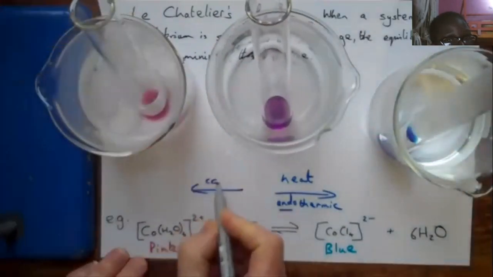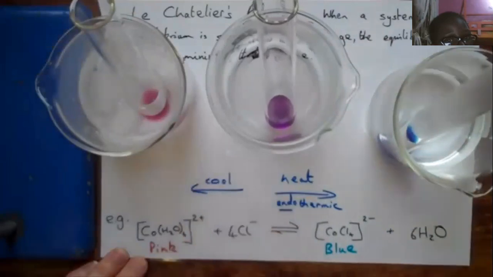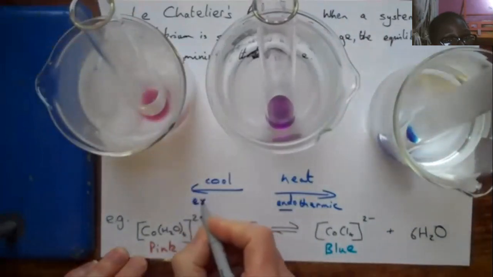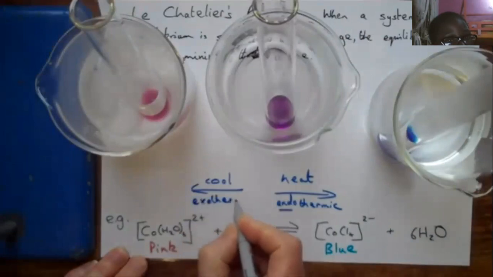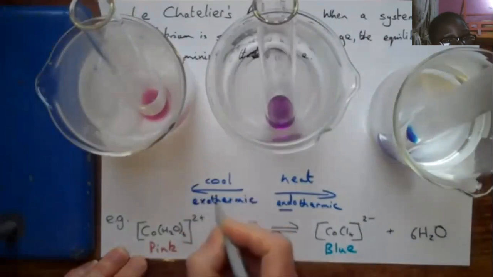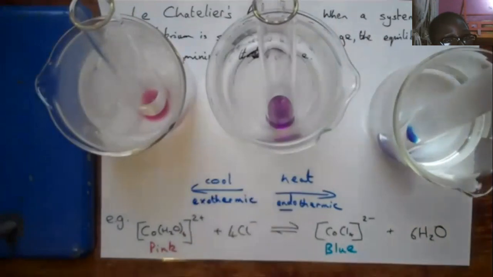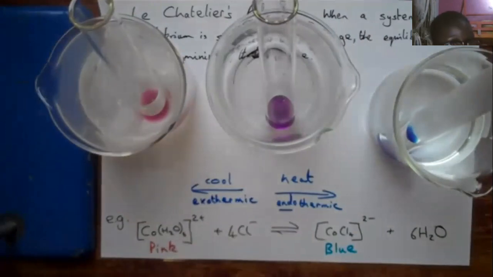So when I cool it down, the equilibrium shifts to try and warm up, it goes in the exothermic direction. So we can use Le Chatelier's principle in more than one way. If we know whether a reaction is exothermic or endothermic, we can predict which way it will go.